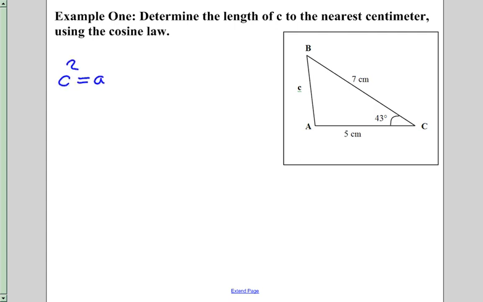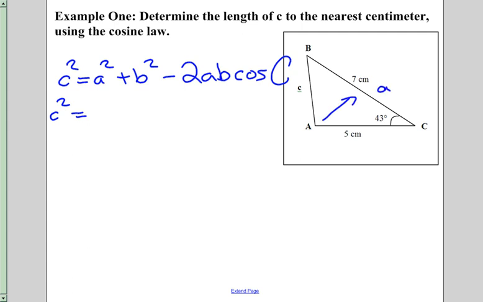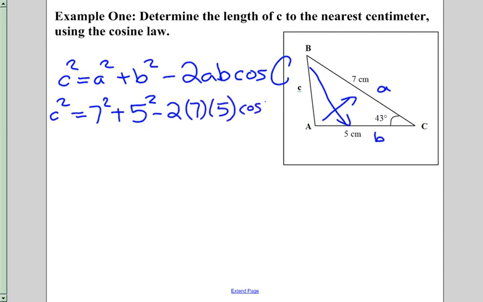C squared equals A squared plus B squared minus 2AB cosine C. Okay, this works out because I happen to know A and B. Side A, if I label it, across from angle A here. Side B, so A squared is 7 squared. B squared is 5 squared minus 2 times 7 times 5 times the cosine of 43 degrees.